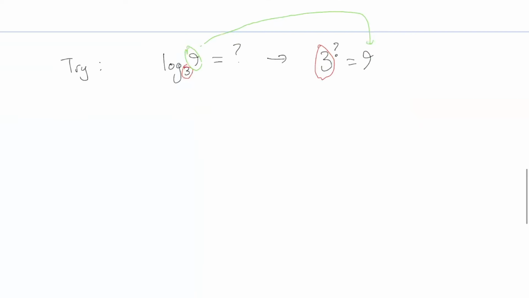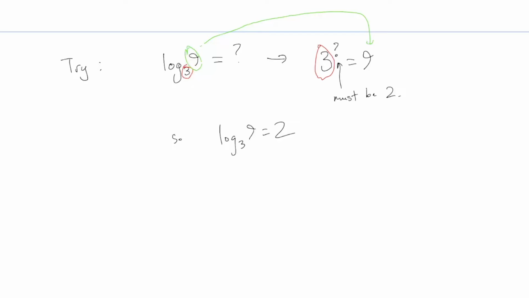And what do you say? 2, yes. Or the second, if you prefer. Yeah, so this right here must be 2. Right? And so that means log base 3 of 9 equals 2. It's because 3 to the power 2 equals 9. That's what the log means.